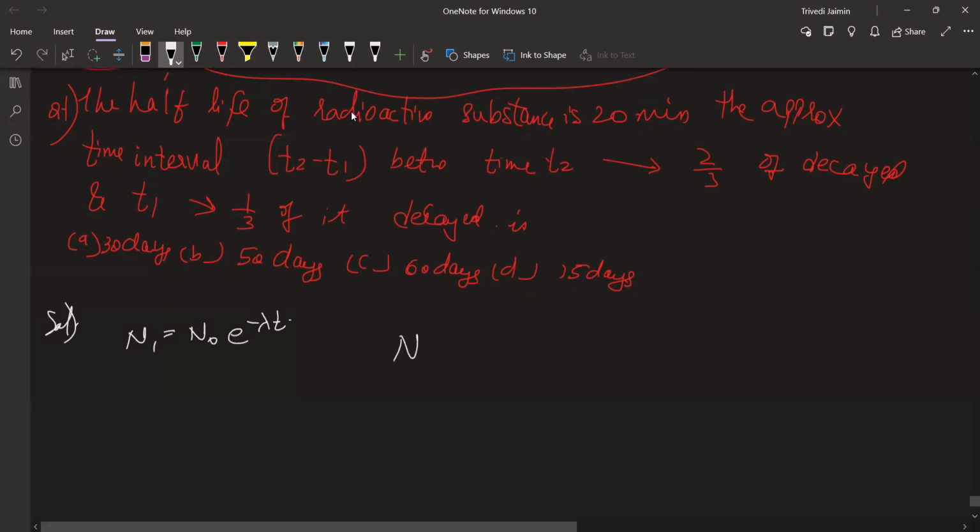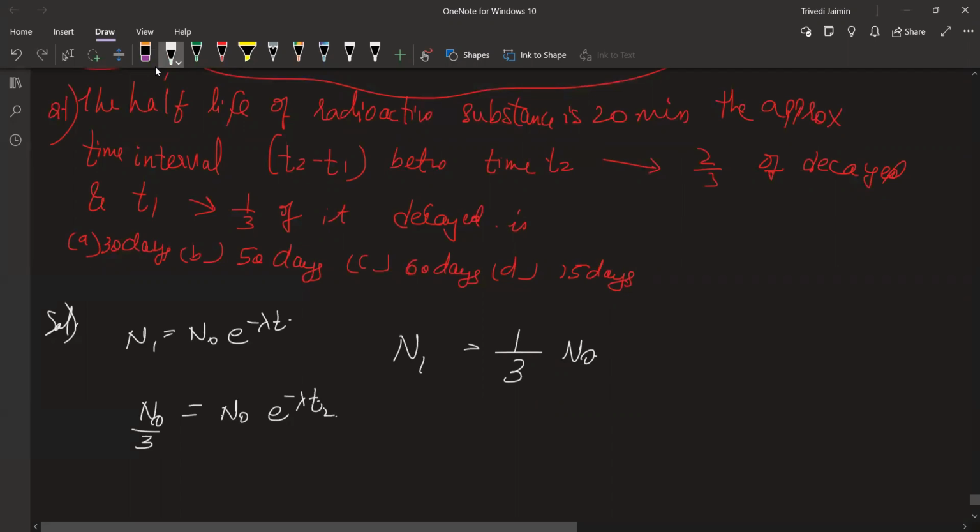So we have N1 equals 1/3 N0, and N0 e to the power minus lambda T2 only gives 1/3.